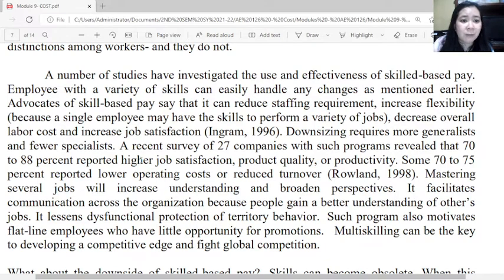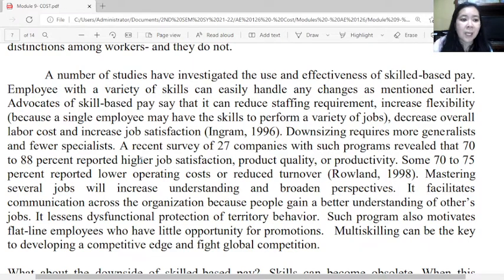Employees with a variety of skills can easily handle any changes in their jobs because they can handle a variety of work because of their skill set. Advocates of skill-based pay say that it can reduce staffing requirements and increase flexibility.